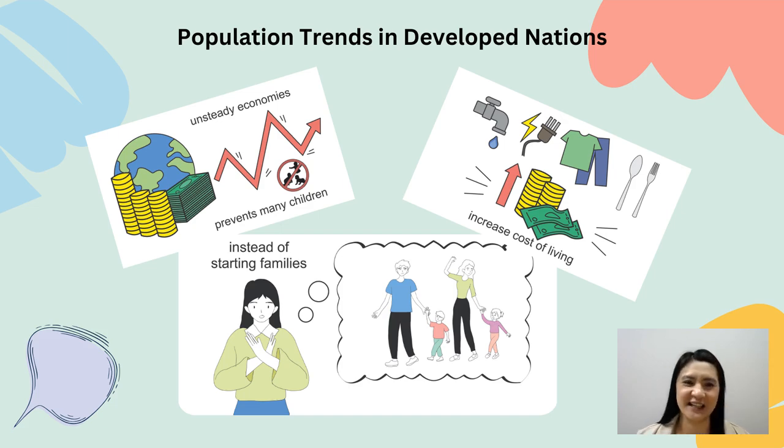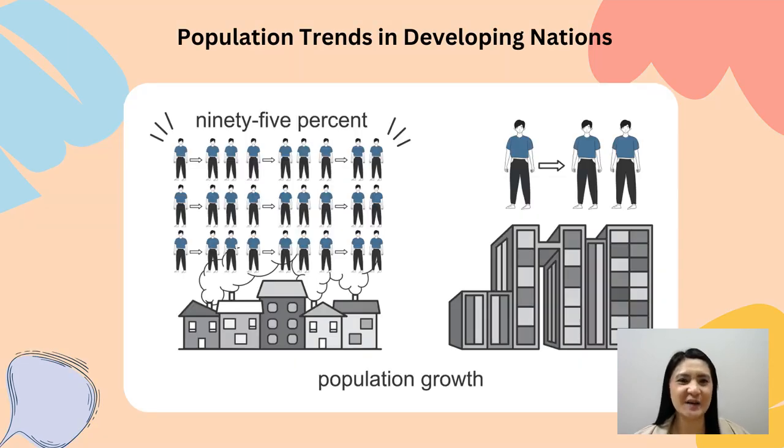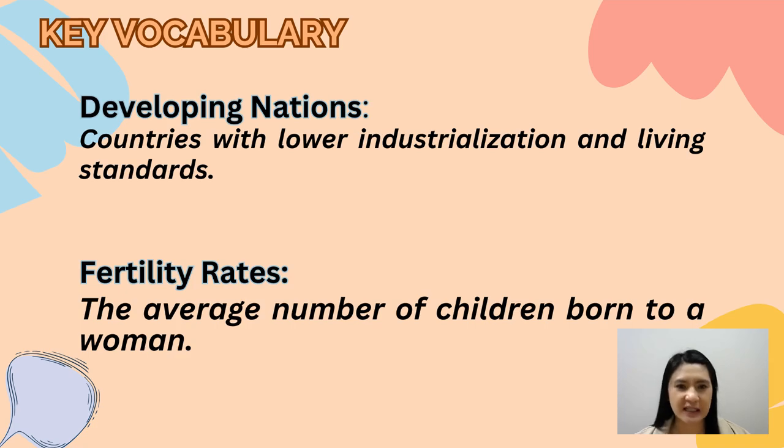And moving forward again, now let's turn our attention to developing nations, which house 80% of the global population. And interestingly, this region accounts for 95% of population growth. Going through some vocabulary, developing nations and fertility rates.